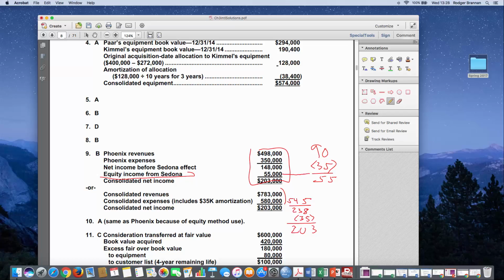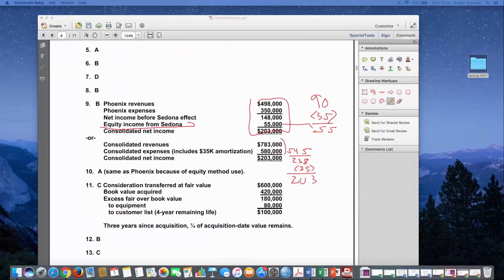So 55,000 represents, on the positive side, the net income coming in that would increase the investment account and increase the earnings. But at the same time, the 35,000 is the total amortization for the two specific assets. And so the net amount would be to increase the investment and to increase the earnings of Phoenix.